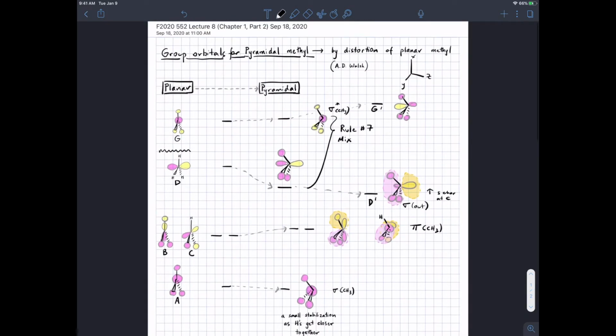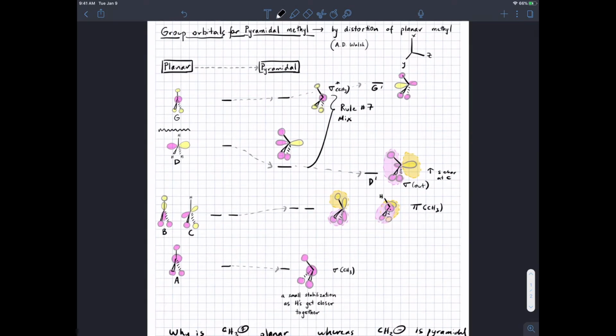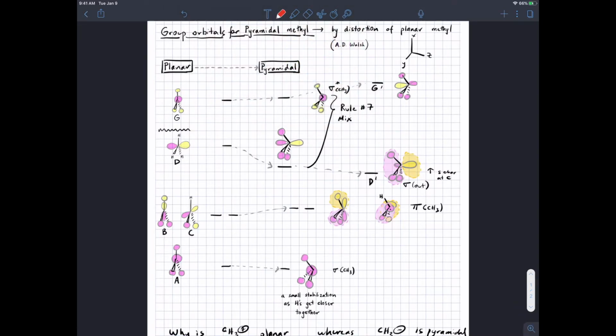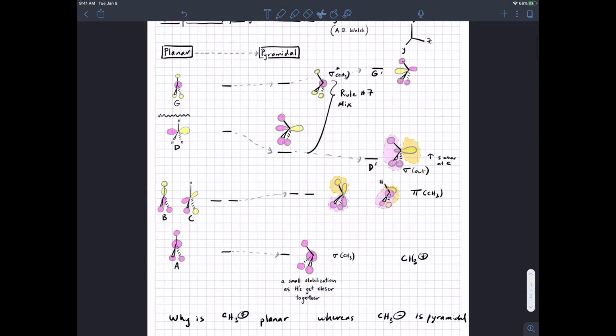To do this, we're first going to imagine CH3, and CH3 plus has how many electrons? 6. Okay. So actually, for the sake of our discussion, I'm going to just copy this.